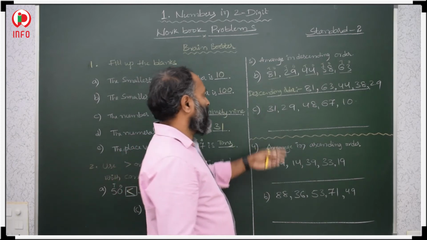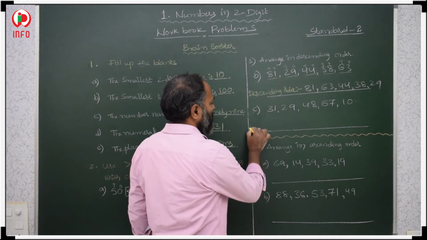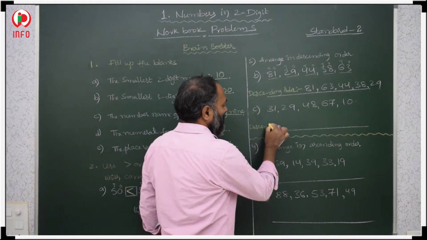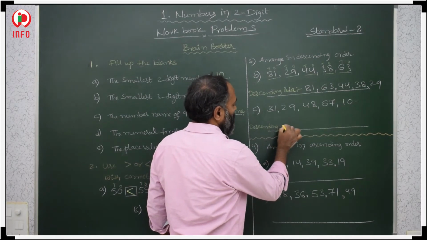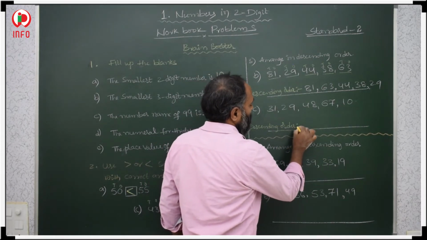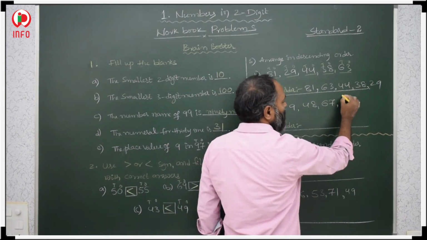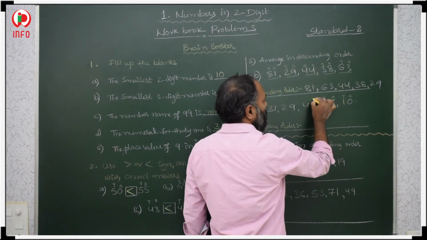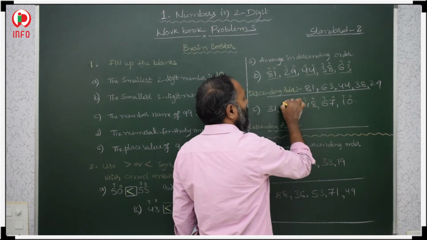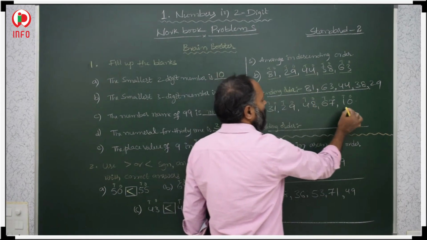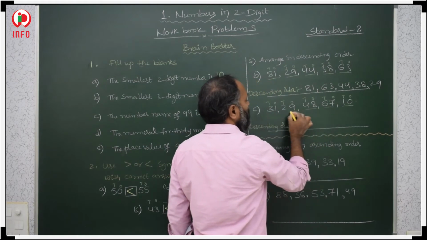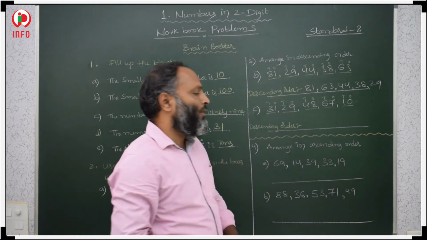Next, this is descending order, decreasing order. Ones place, tens place for each, total 5 numerals.